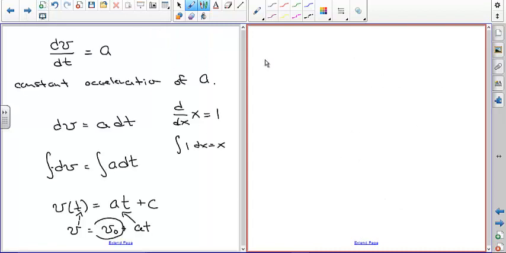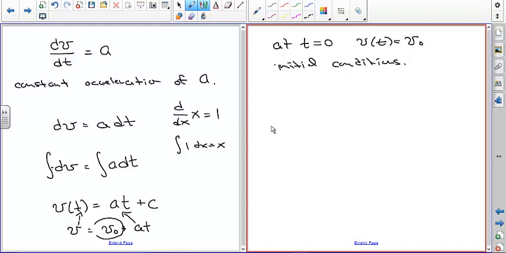Well, what you do is you say at t equals 0 that the velocity as a function of time is equal to the initial velocity. So these are initial conditions. When I start the process, we have some specified initial velocity.